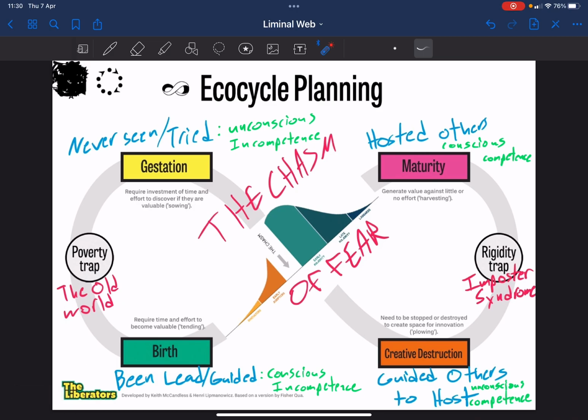So the Ecocycle is, again, a liberating structure. And in reference to our liberating structures learning journey, we move thusly.